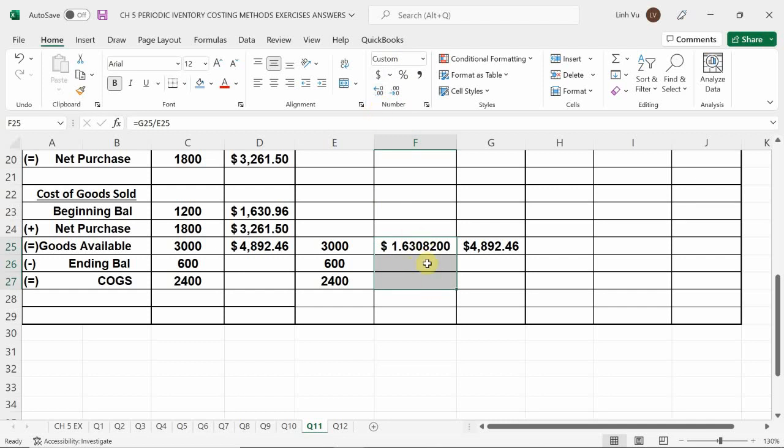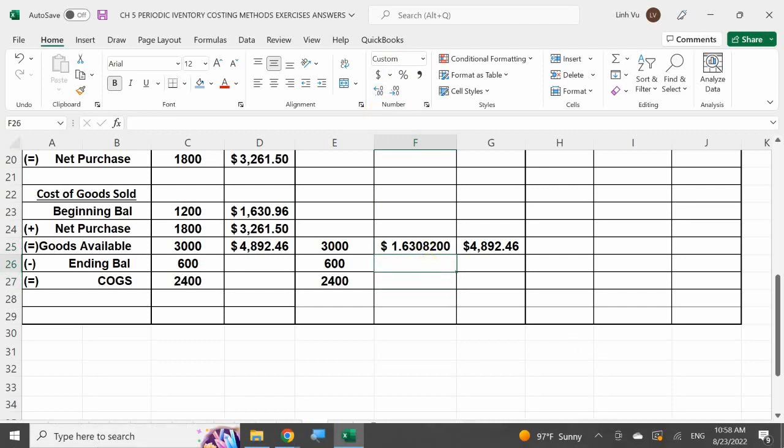$1.630820. Okay, good. So that means if that is my average cost per item, for every item that I sell, it's going to cost me $1.63082. And every item I have left available on hand is going to cost me $1.63082, right?